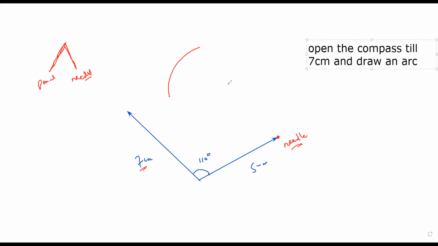Arc means part of the circle. Then I place the compass needle at the other point, open it 5 centimeter, and draw an arc.